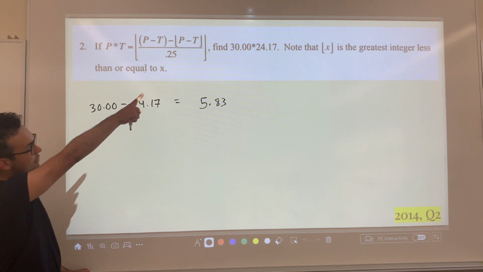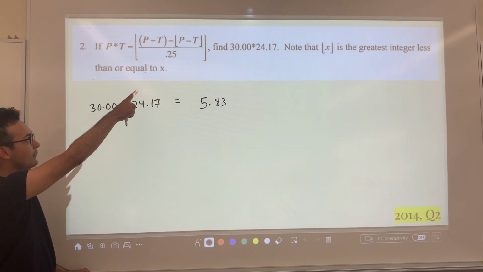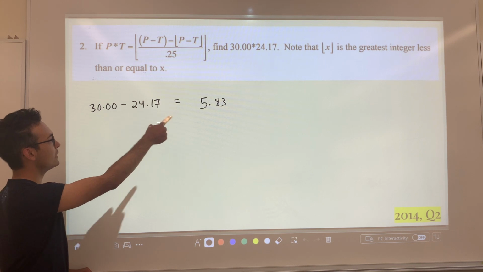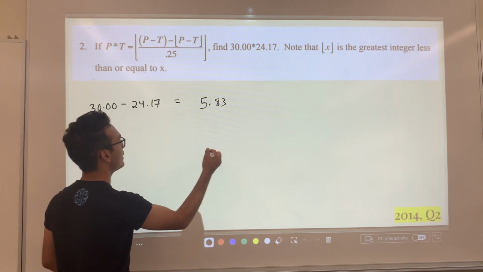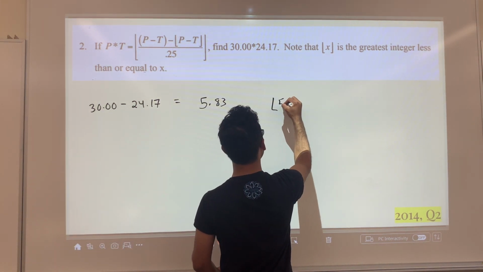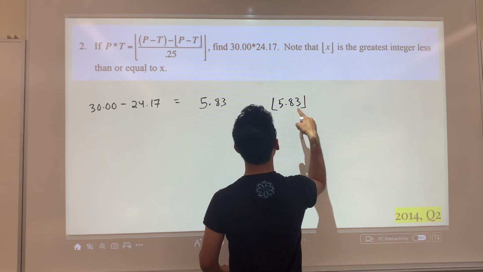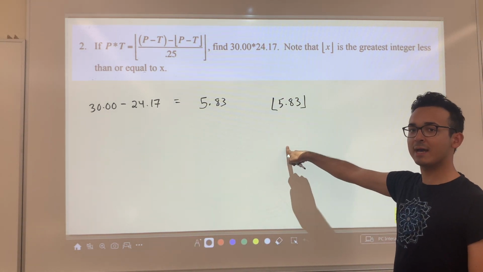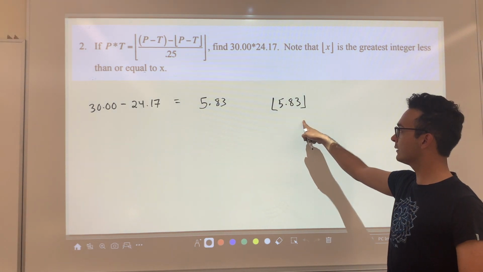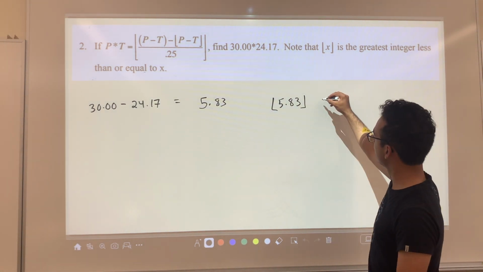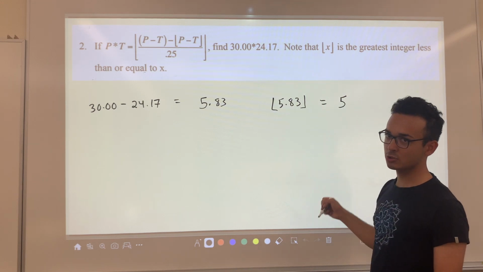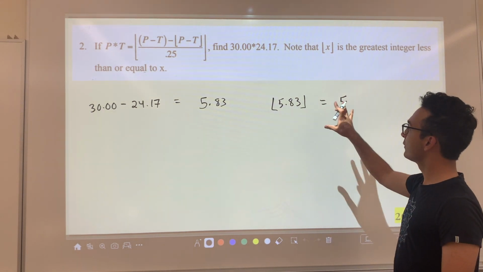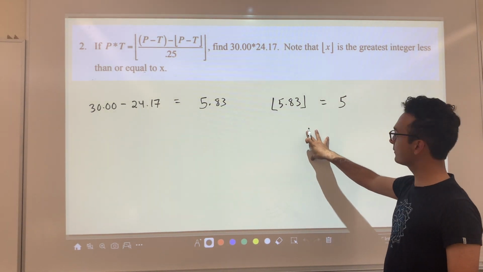Now, it's the same thing with the floor there. Okay, so P minus T, we know is 5.83, but now we need to apply the floor function to 5.83. Well, the floor function is just the greatest integer less than or equal to x, and in this case, it would be 5. So 5 is the greatest integer less than or equal to x, so floor of 5.83 is 5.